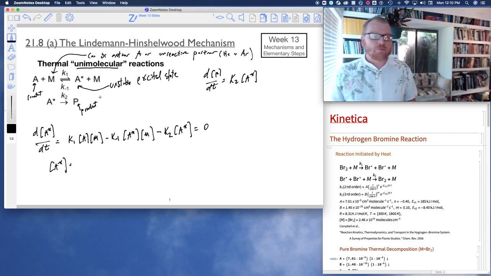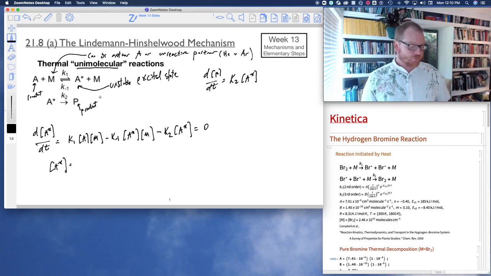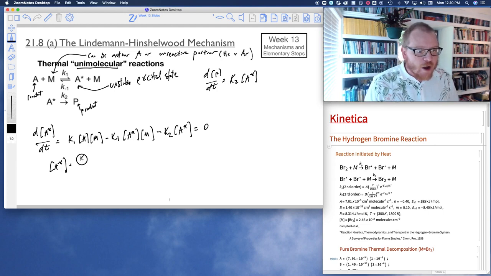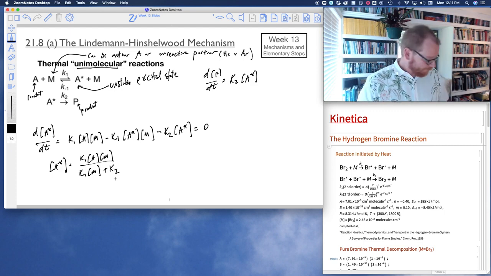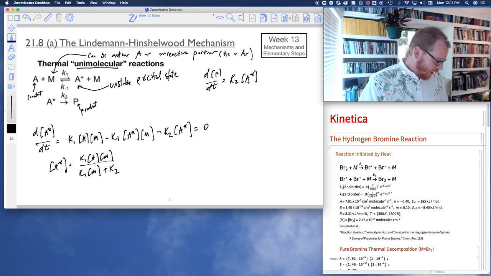That seems reasonable for making this steady state approximation. That's going to give us the following: K1 times A times M, all divided by K minus 1 times M plus K2.